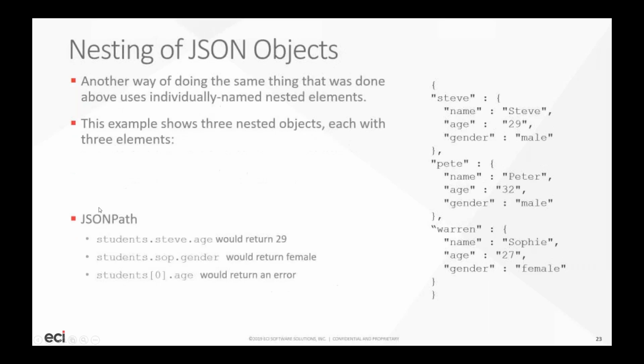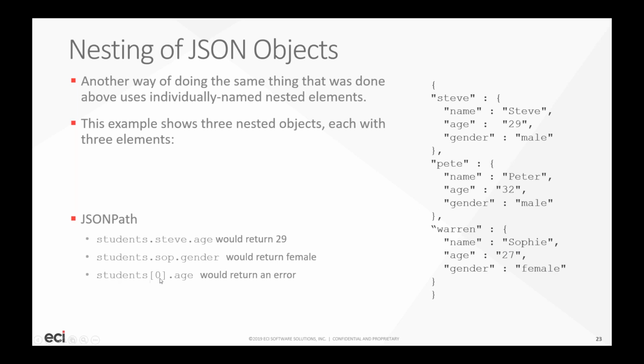And then the last one would be nested objects, which is very similar to the array, but they're not numbered. So instead of being numbered, each element in the list is named. So here we have Steve, Pete, and Warren, and you would actually refer to their position using the name. So in this case, if we said students.steve.age, we would get 29. So we see here Steve, 29, and students.sup, and my apologies, it says Warren here, but this was sup, but we would get sup.gender, gender was female.